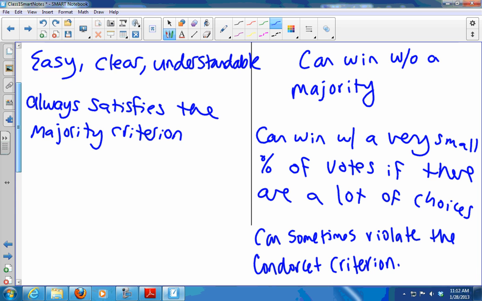Okay, so sometimes when you're using the plurality method, not every time, but sometimes, certain situations, you can have a Condorcet candidate, someone who would win all of their head-to-head matchups, but not win the election.